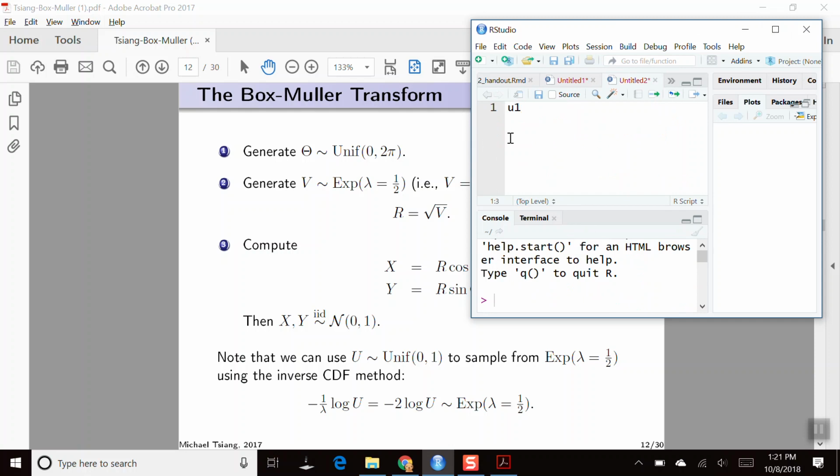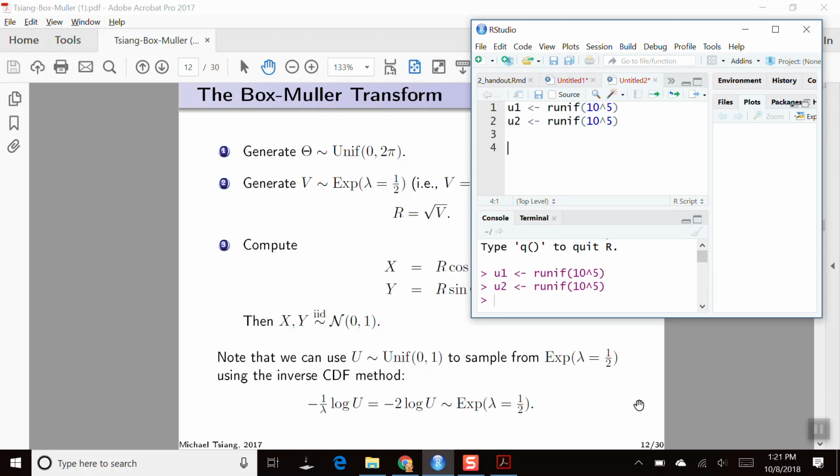Okay, so I'm going to have U1 and U2, and these are both going to be R unif values. So I'm going to just ask for 100,000 values there, okay? All right, so how would I get theta using inverse CDF method?